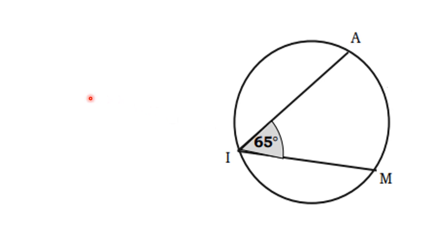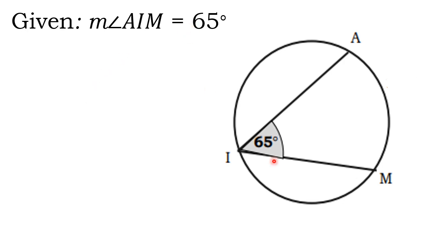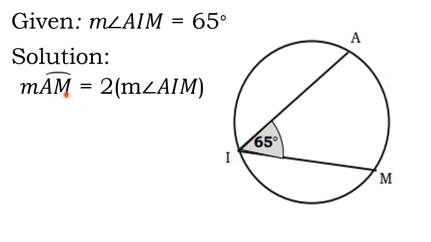So by solution, our given is the measure of angle AIM, which is 65 degrees. To get the measure of arc AM, we have to multiply the measure of angle AIM by 2.